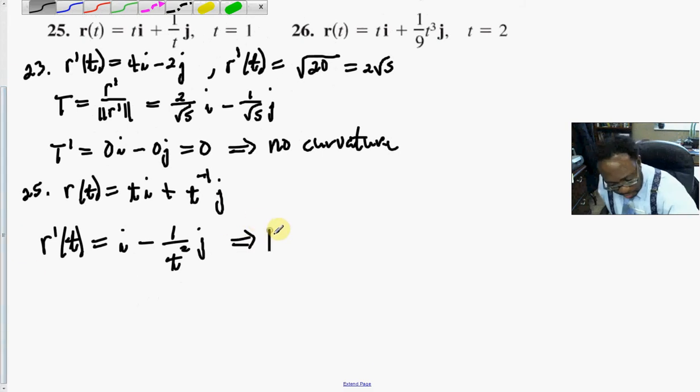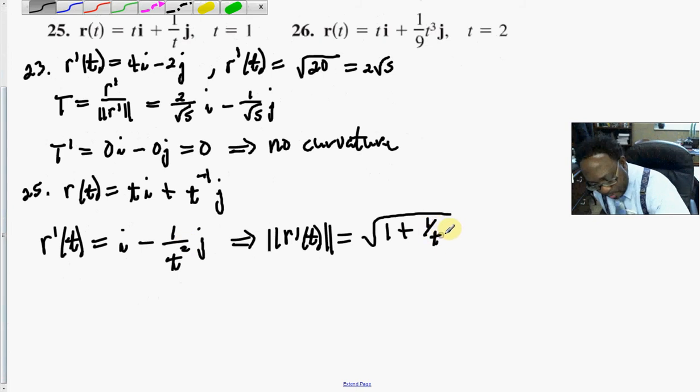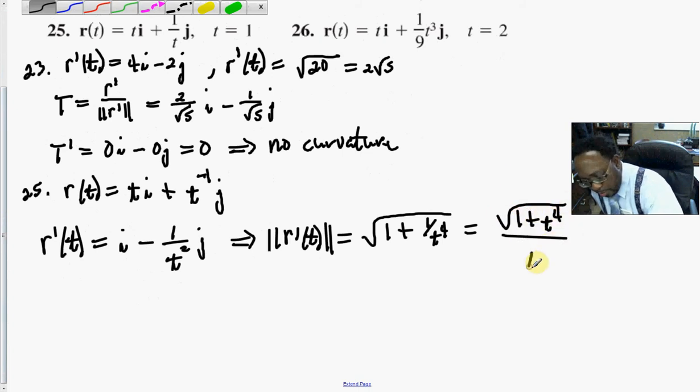And so its norm is the square root of 1 plus, we square 1 over t squared, so we get 1 over t to the 4th. You can simplify that. This is just the square root of 1 plus t to the 4th all over t squared.